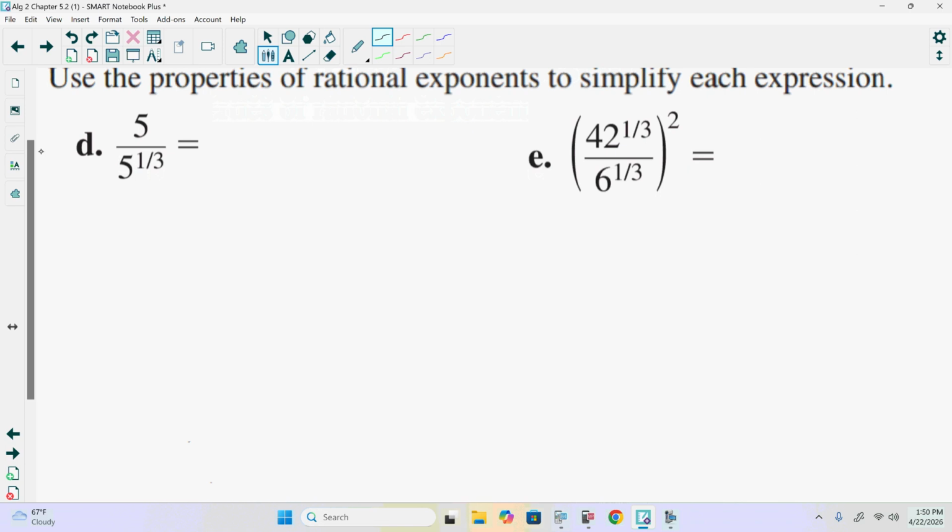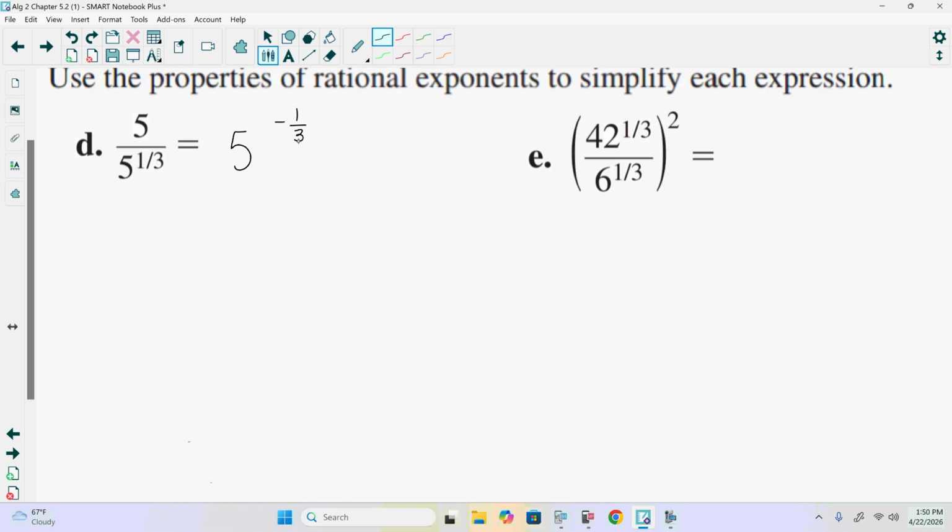Five over 5 to the 1/3. When we divide like bases, we subtract the exponents. Well, since we're not dealing with integer exponents, it might be better to do this by the definition. Numerator exponent minus the denominator's exponent.